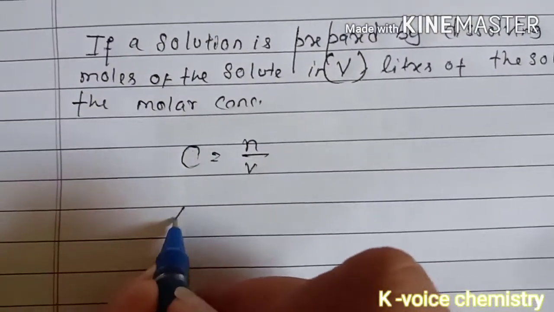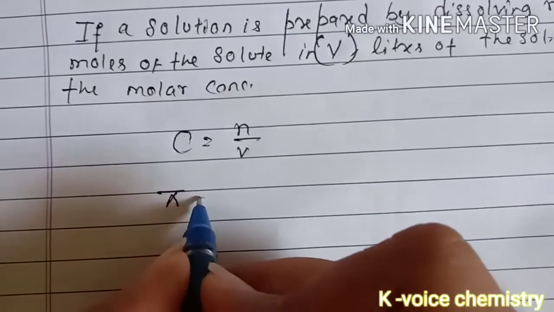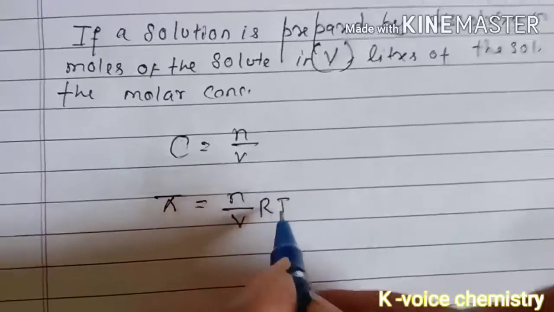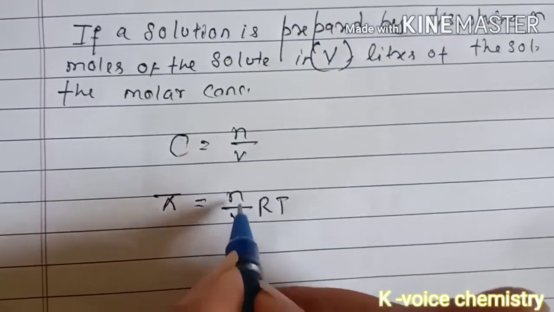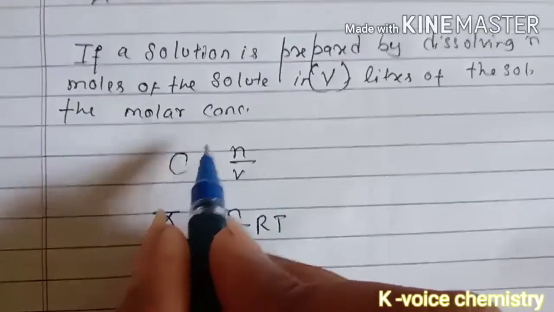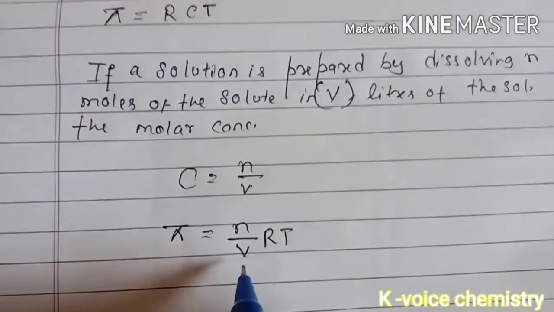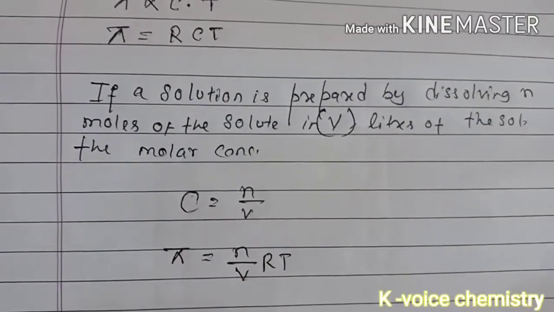So we can write the value of pi as pi equals n by V RT. What we have done is just put the value of this concentration in this equation, so we have this. Okay, I hope that I am clear.